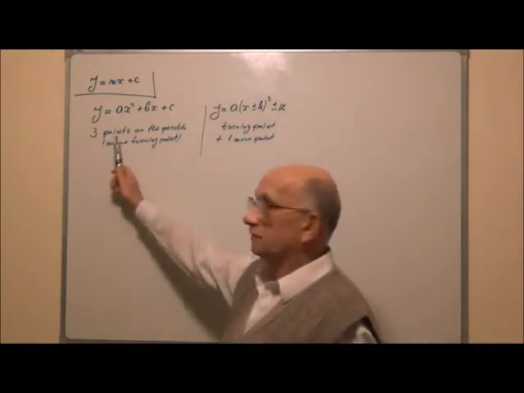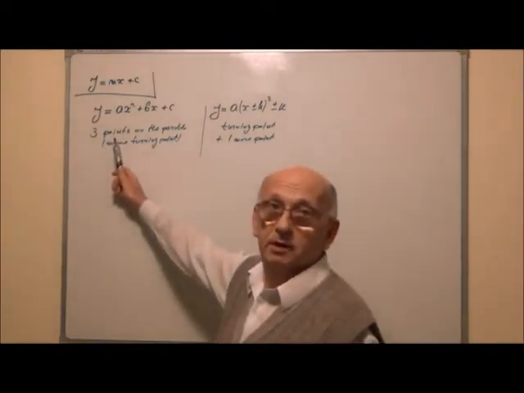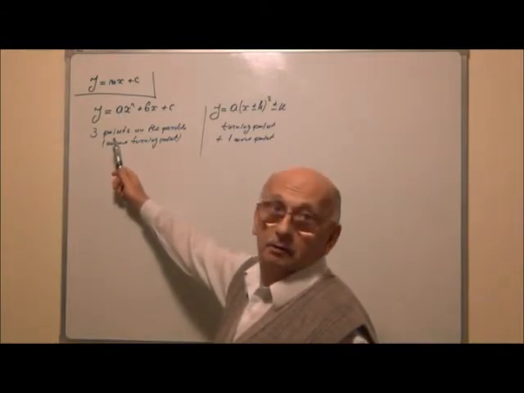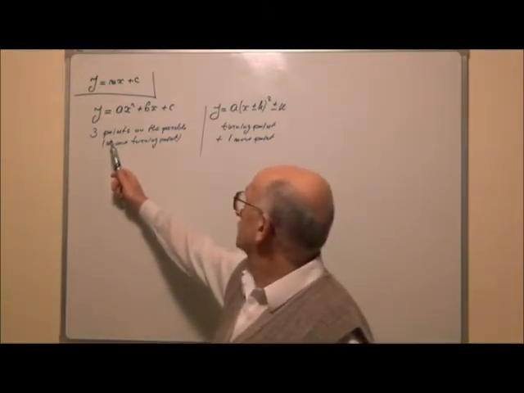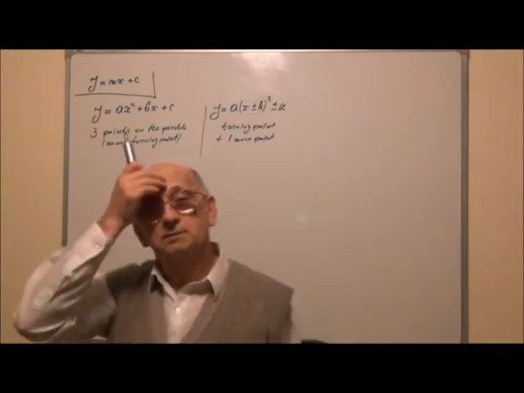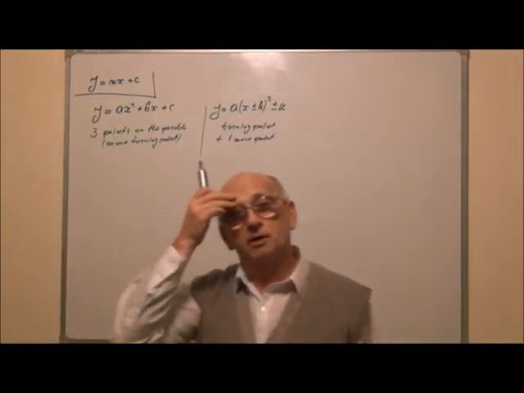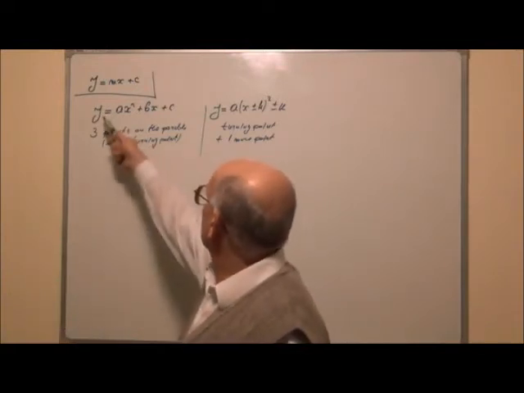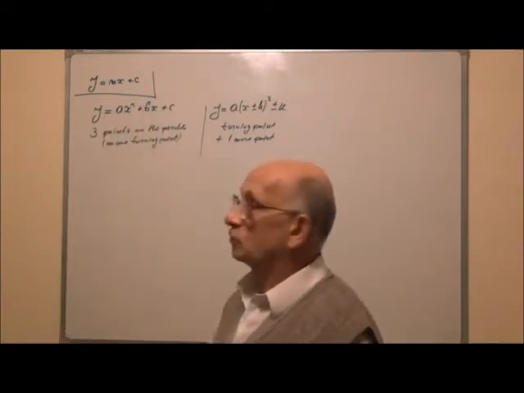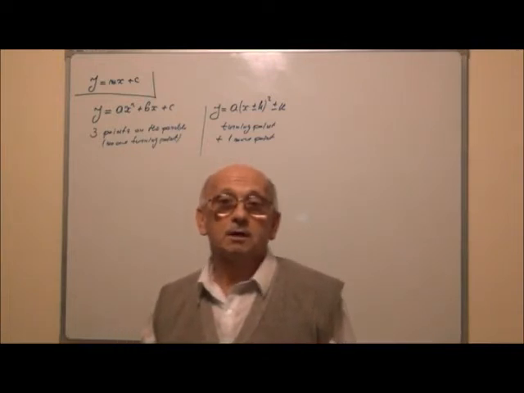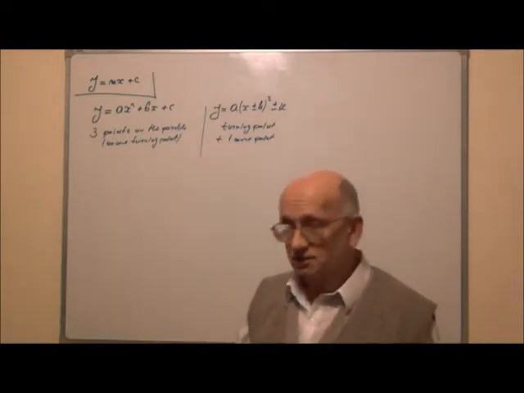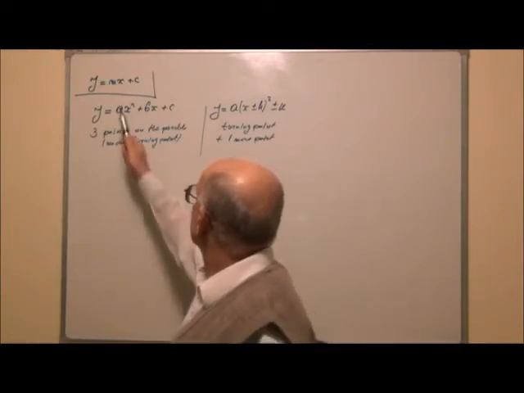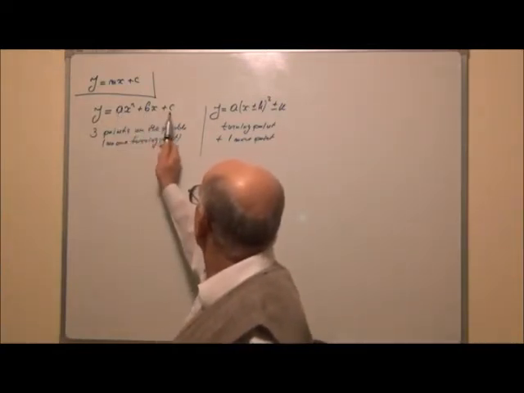Simply, if there are 3 points given in our question on the parabola that we have to write, then we substitute the x and y coordinates of each point in the standard form to form 3 simultaneous equations for a, b, and c.